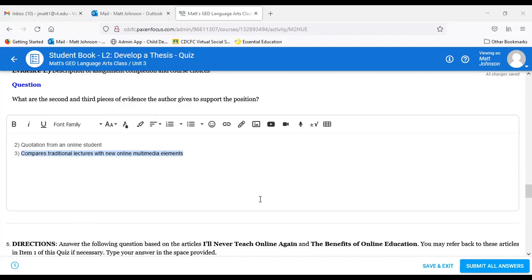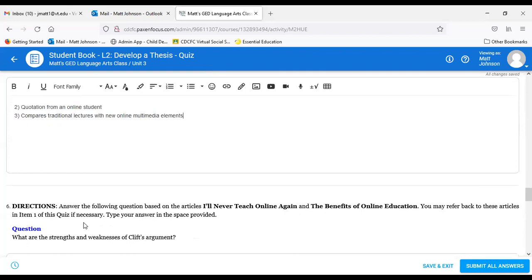So, you're catching on, it's going to be typically right after they make the claim that they introduce the evidence. So, look for those types of assertions after they make that initial claim as far as evidence goes. It may be statistical, it may be anecdotal, it may be a testimony from a student or whatever it may be, or it may just be another assertion giving you an example.